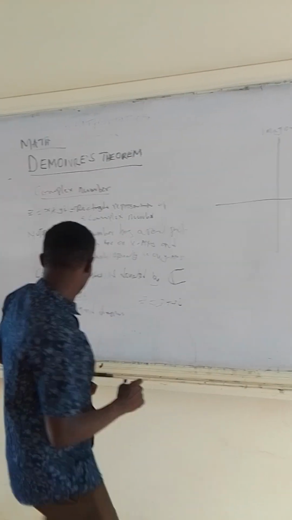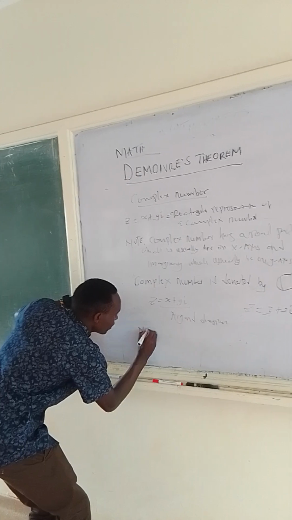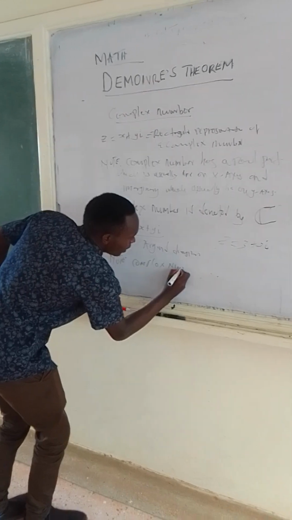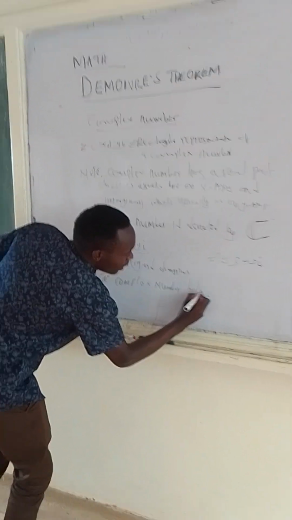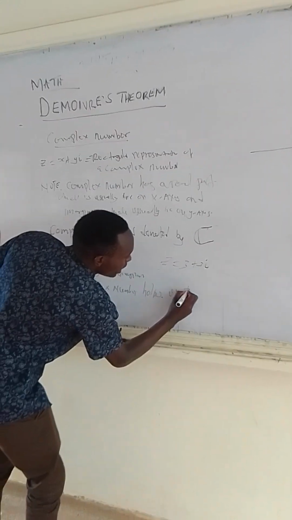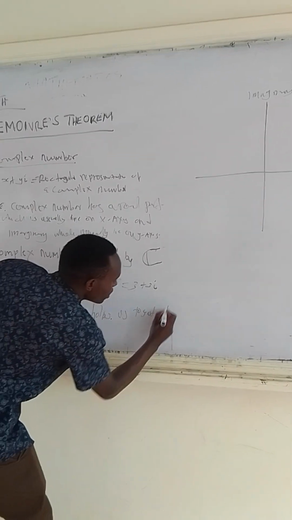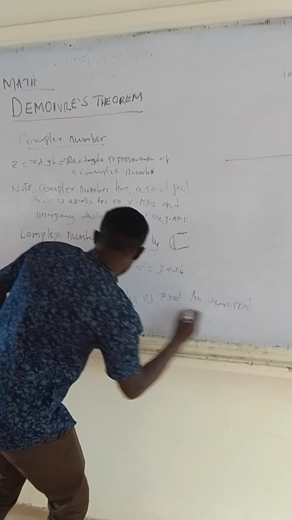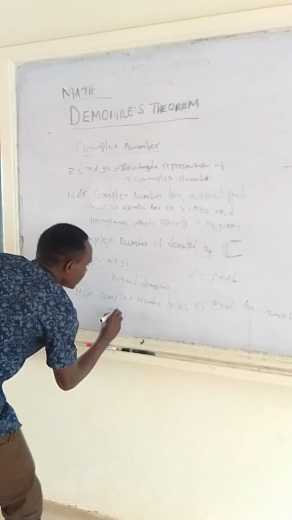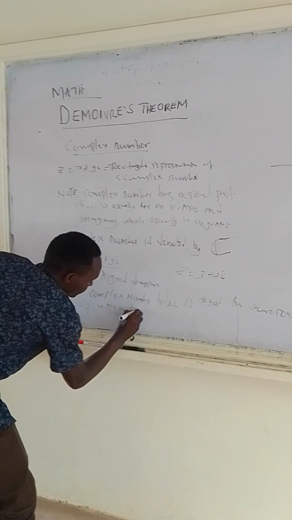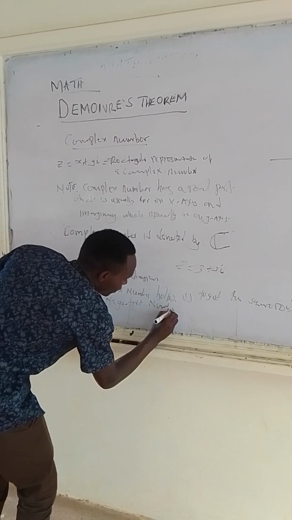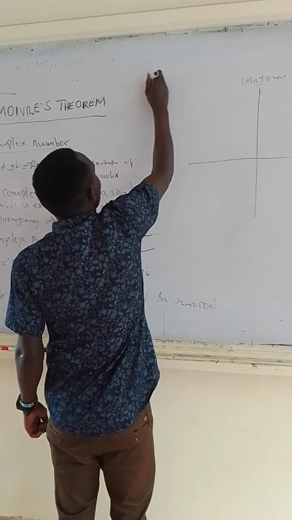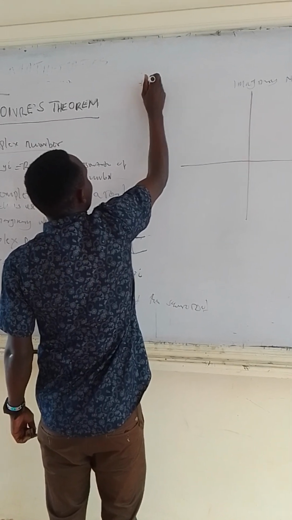Complex numbers help us to get the square root of a negative number, for example the square root of negative 16.